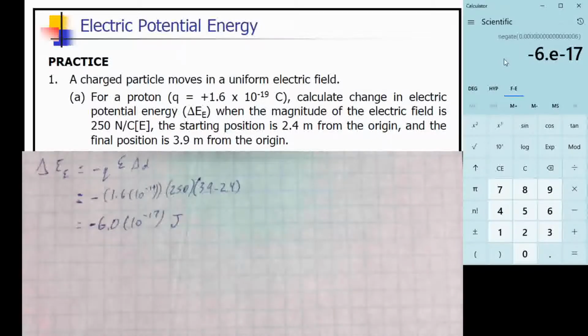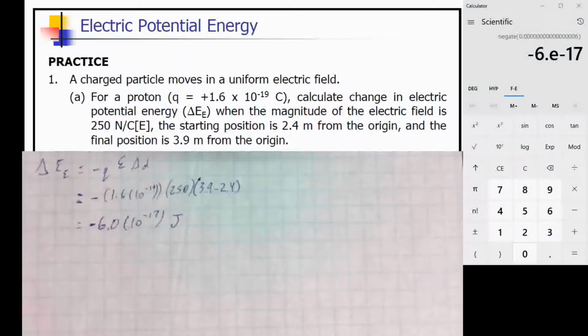So if we dropped a ball in a gravitational field, the ball's velocity would increase. It would speed up, which we could think about as a loss in the gravitational energy. But we show that negative energy, that change in energy being negative, means that the proton has sped up.